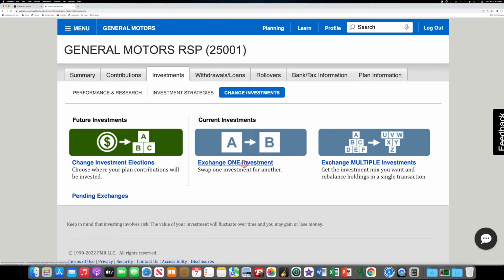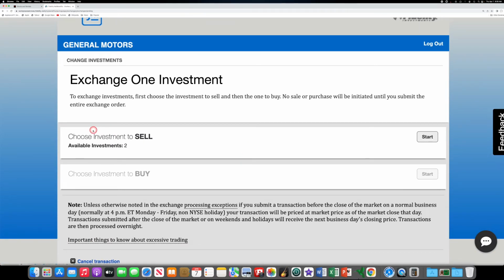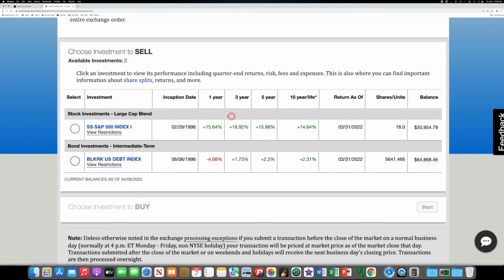Change one investment. You see this graphic, A to B. So let's click on here, change one investment. It's asking you to choose investment to sell. So we click on start. And these are the two investments that I showed you. So let's click on this one.